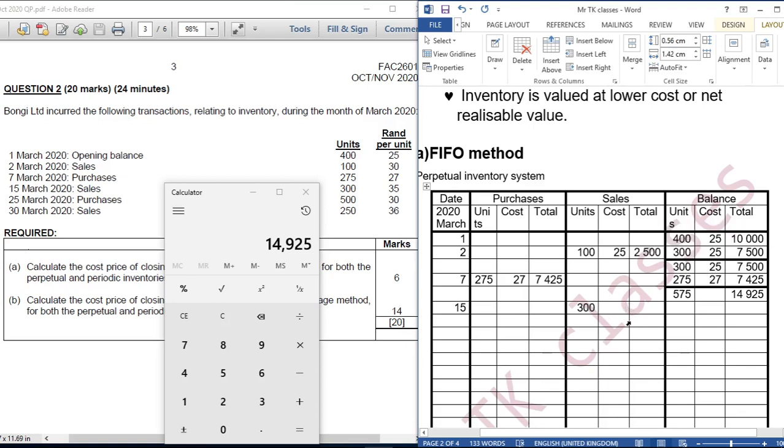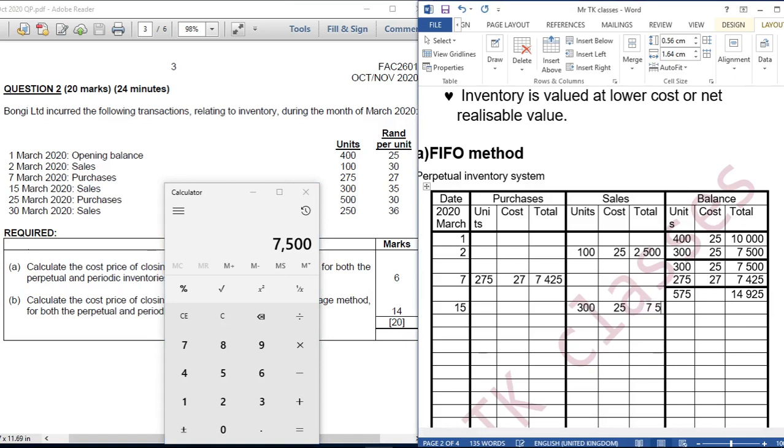So the batch that we have sold is the one that has 25 here. Then we are going to say 300 by 25. We are going to get 7,500.